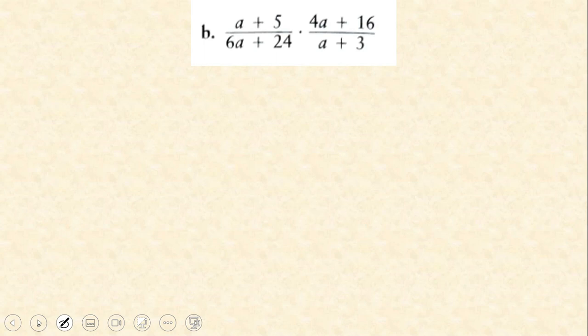Here, before we multiply, we're going to pull out our common factors, is what we're doing. So this top one, we pull out a 4, so it's going to be 4 times a plus 4. This bottom one, we're going to pull out 6, so it's going to be 6 times a plus 4. All right.